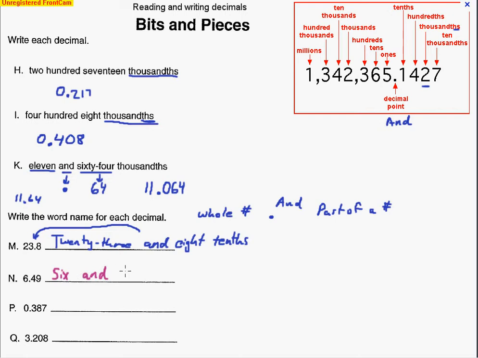So 6, and then we read off this number, 49, and then we say the last digit's place value. Two spaces after the decimal is the hundredths place. So we write down hundredths. So 6 and 49 hundredths is what we end up having there.